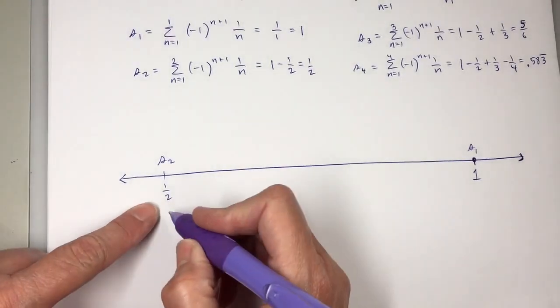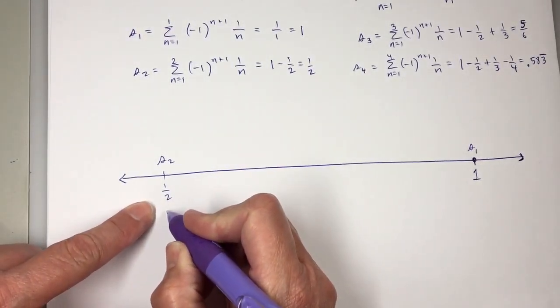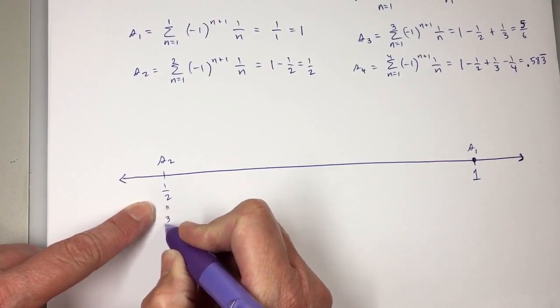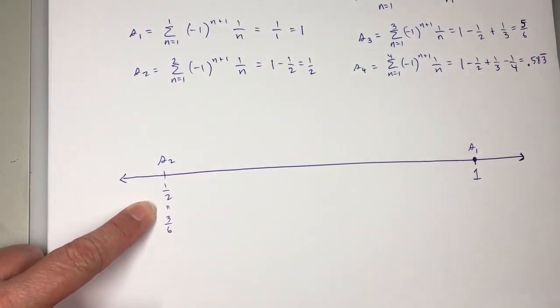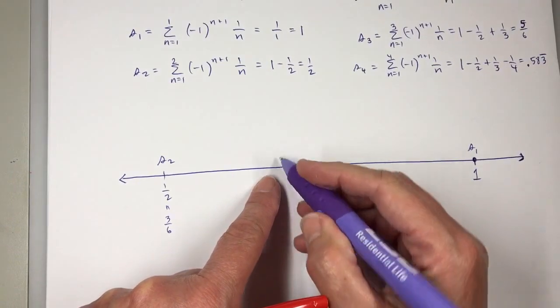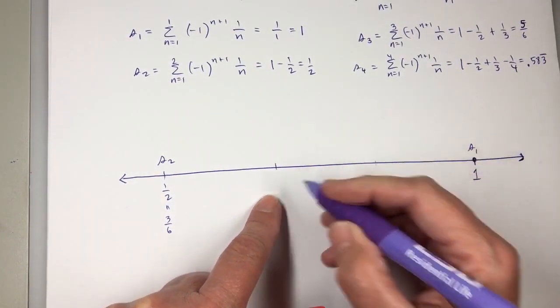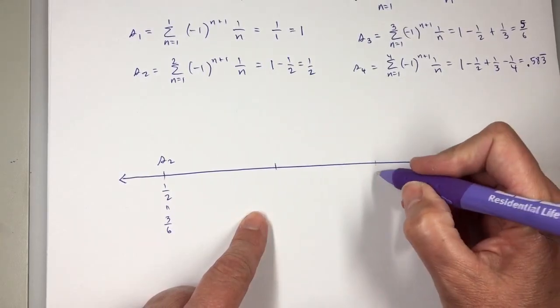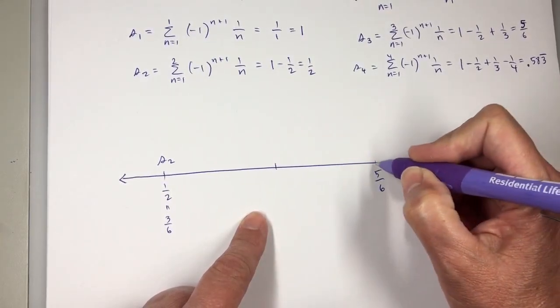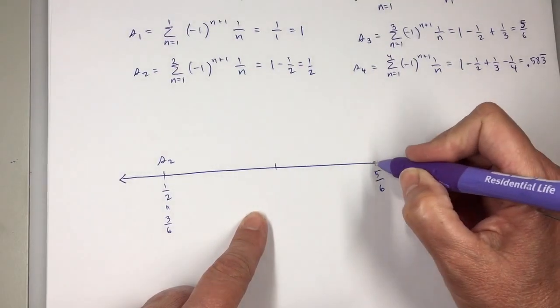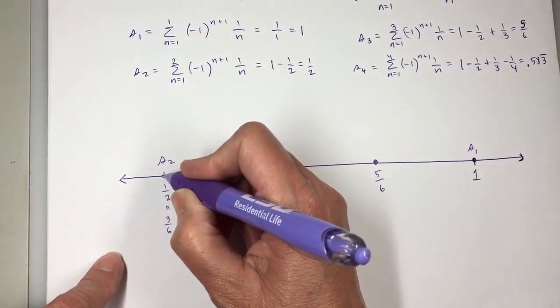This one would be 3/6, right? 1/2 is 3/6, then 4/6, 5/6. And I don't necessarily need it to be perfectly spaced on the number line.